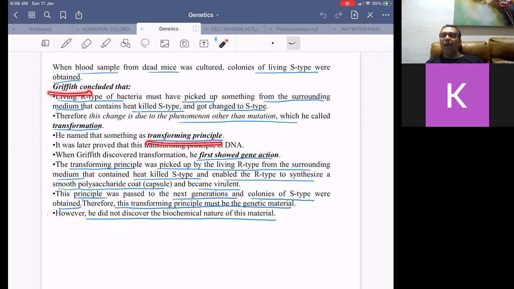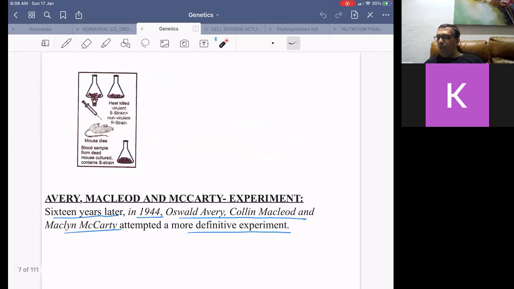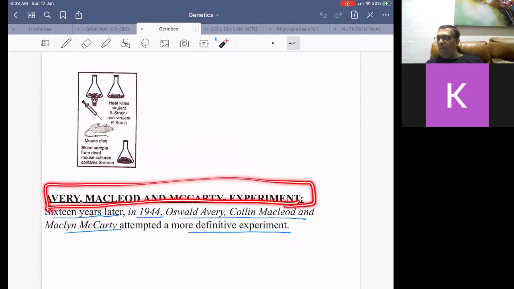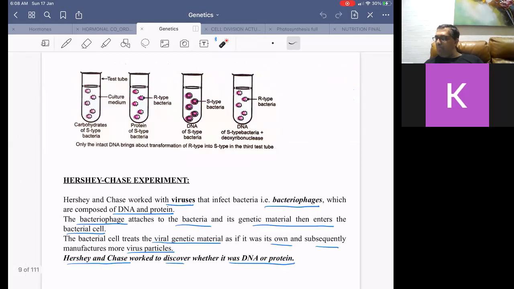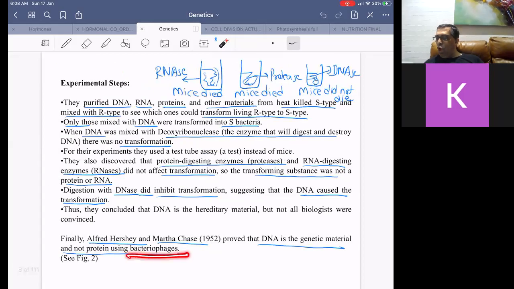Which scientists proved that Griffith's transforming principle is the DNA? It was proved by Avery, MacLeod, and McCarty that Griffith's transforming principle was DNA. Who used radioisotopes and bacteriophages to prove that not proteins but DNA is the genetic material?